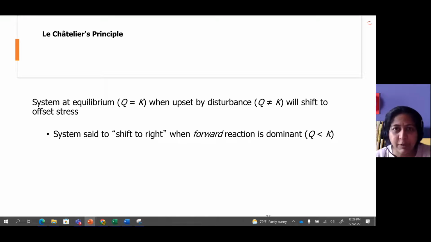When a system is in equilibrium, the equilibrium can be disturbed by an external influence. Then the system will take the corrective action to offset that stress.